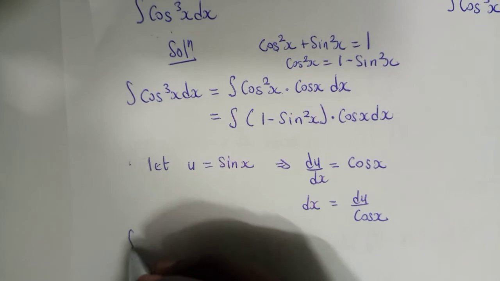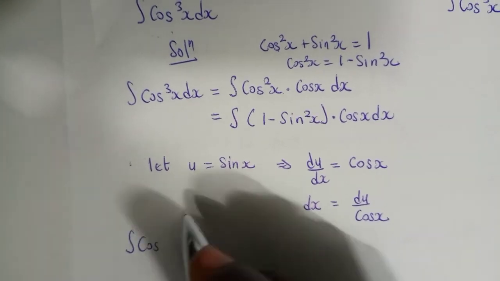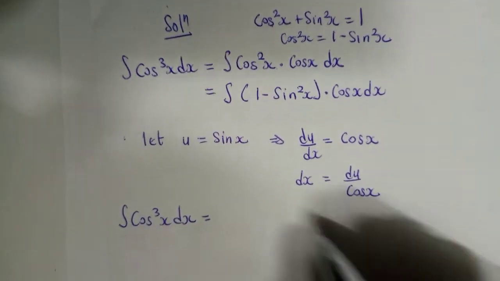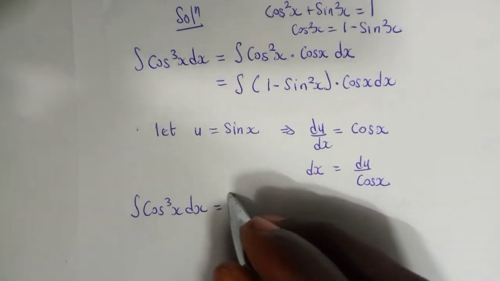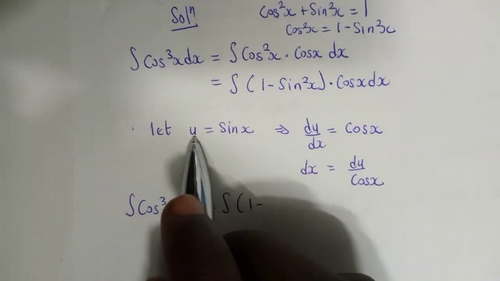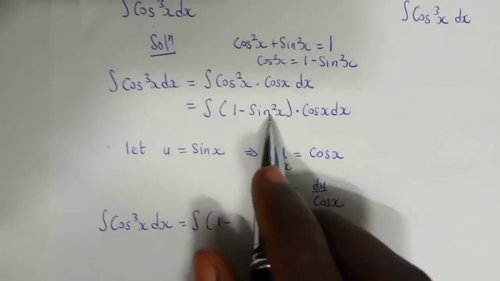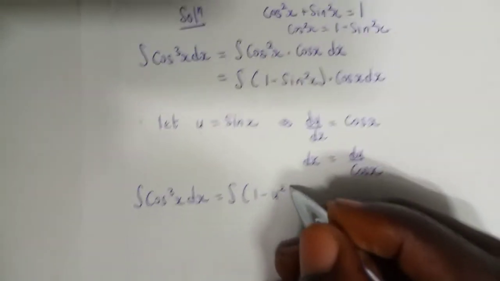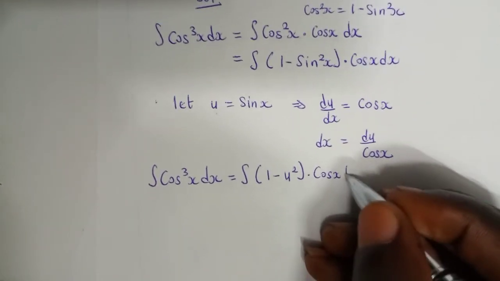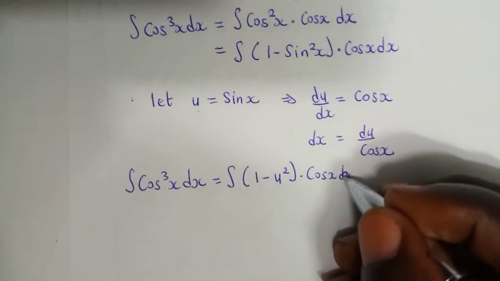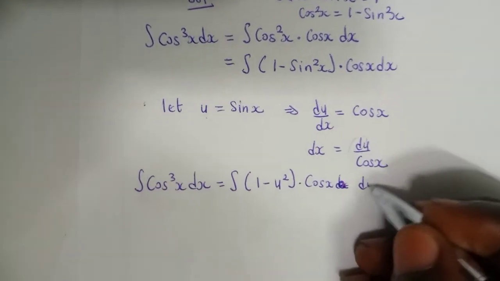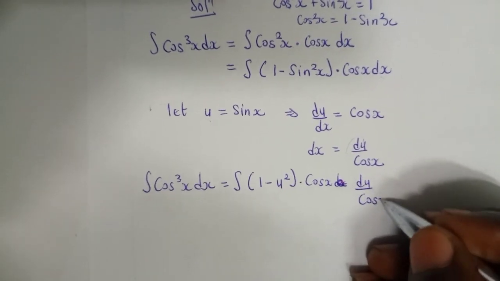So the integral of cos cube x dx will be equal to the integral of 1 minus, we said u is sine x, so u squared, times cos x dx. Sorry, in place of dx, we are going to put du over cos x.